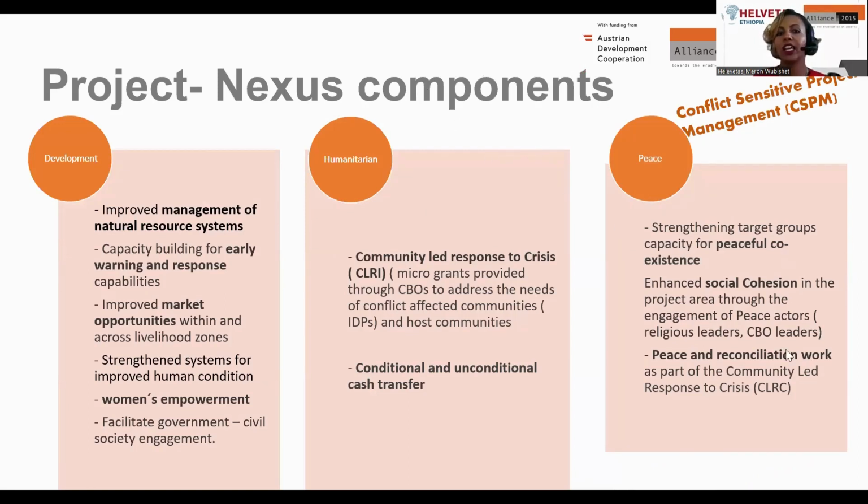So what is the Nexus component within the project? Let's unpack a bit the different components that we have been doing in the project. With regards to development, we were focusing more on the management of natural resources, landscape management, early warning response, building capacities for early warning response, improving access to markets in the targeted livelihood zones, and the nutrition component was also managed by Concern, the women empowerment, and also building the capacity of civil society organizations, especially the government, were among the key development components.